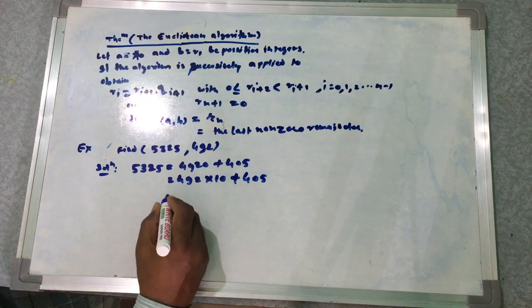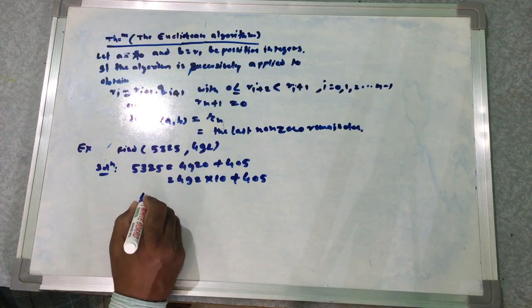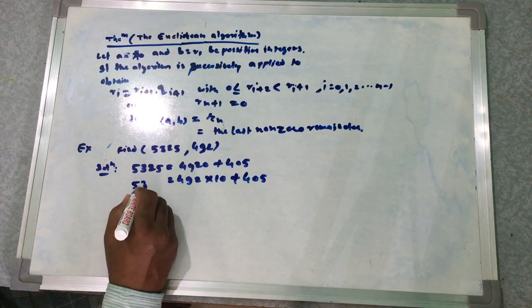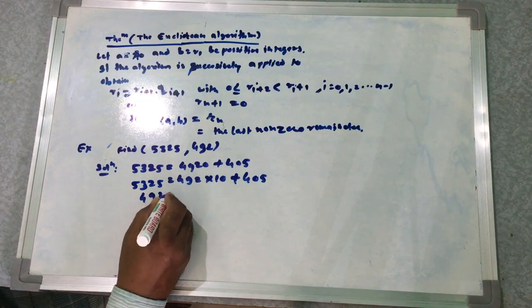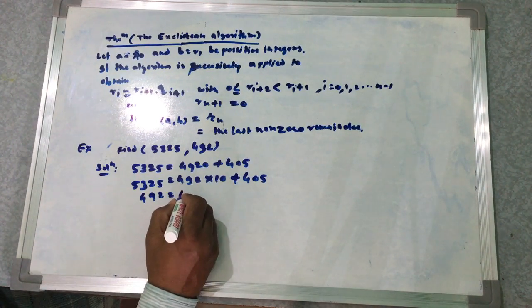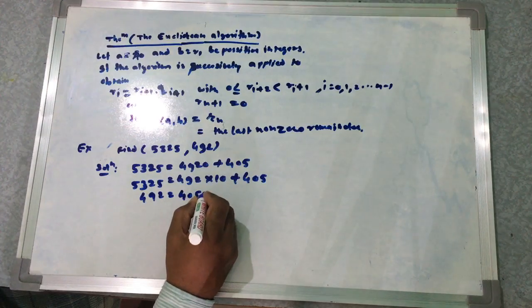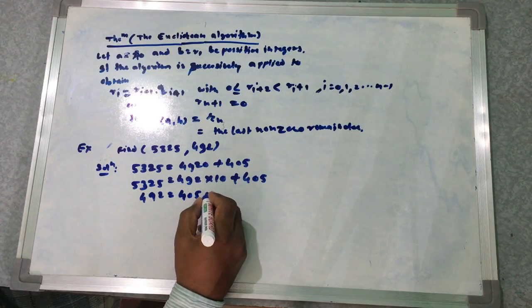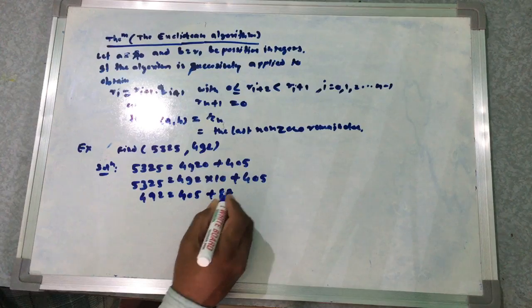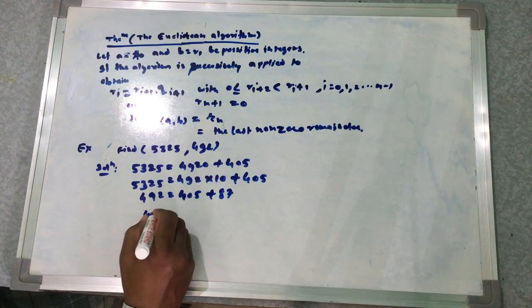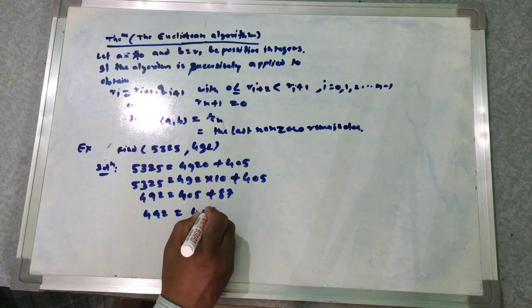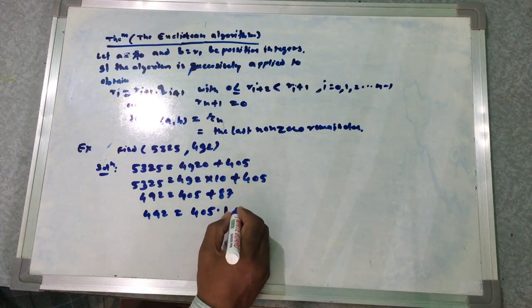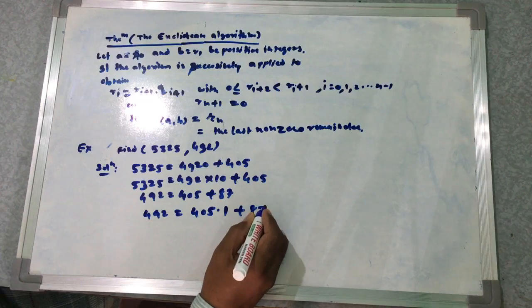So then this is 5325. 492 is equal to 405 into 1 plus 87.